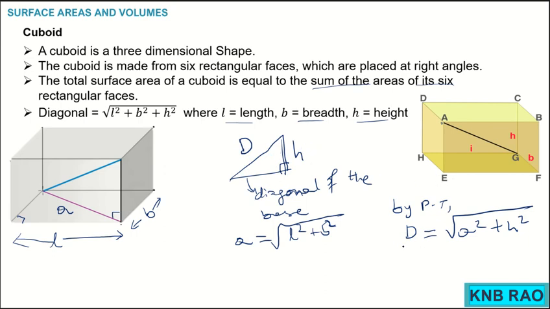So I took the square root directly, because I want only the diagonal. Now you know A is this, A square will be L square plus B square.